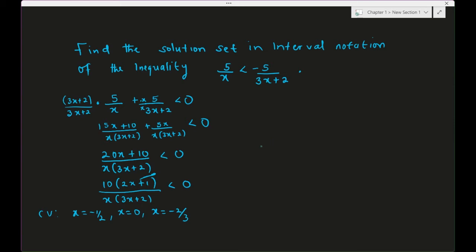Okay, now let's go to the table. For the table, we need to arrange the critical values from the smallest.